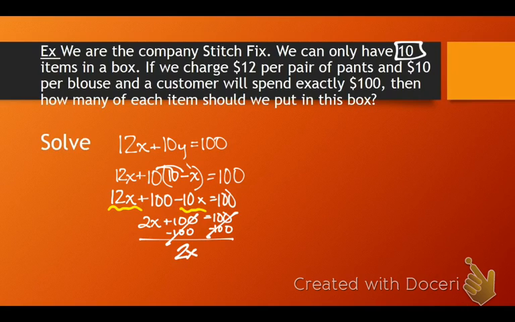You get 2x on the left side and nothing on the right side. So divide both sides by 2. How many pairs of pants will fit in this box? 0. None. So we have how many of each item in a box? No pairs of pants.